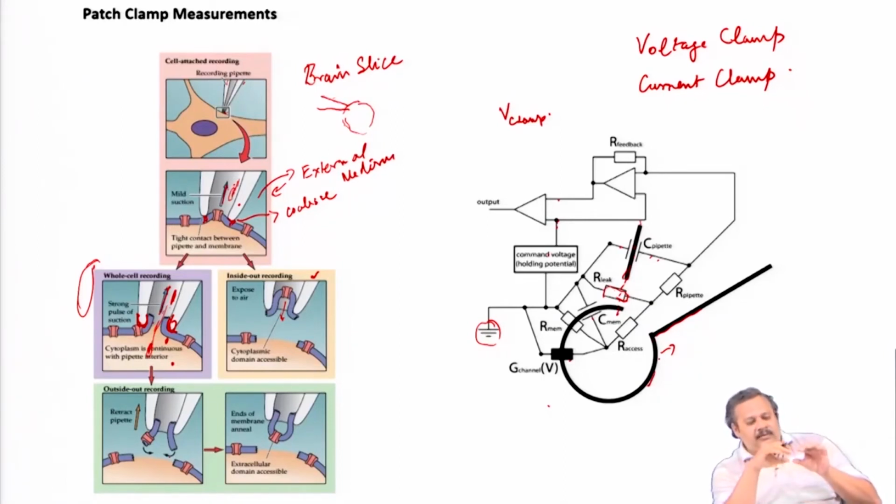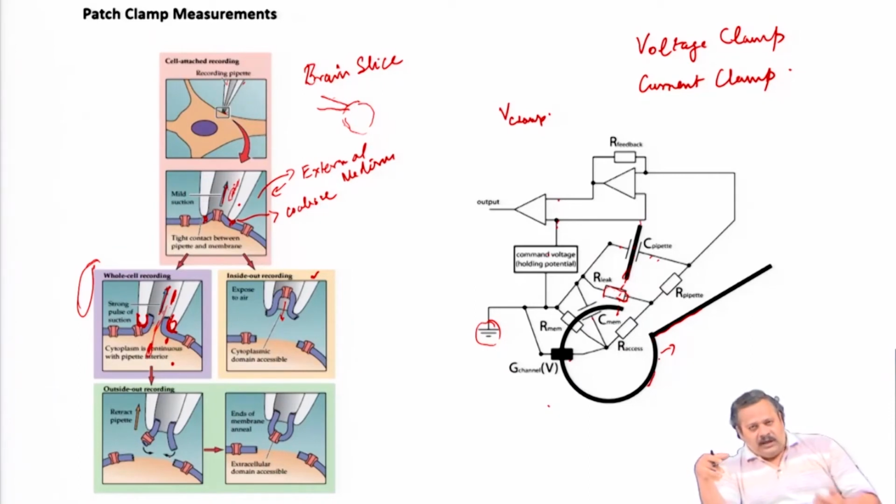So the membrane potential is being set to whatever voltage we want it to be set, the clamping voltage or V clamp, and the current that we are injecting at that point to maintain the voltage, or the current profile to maintain a voltage over time, is essentially the current that is actually flowing across the membrane, because the total current has to remain 0.